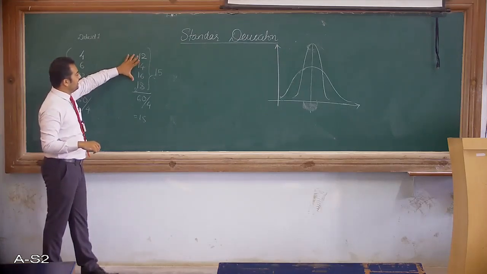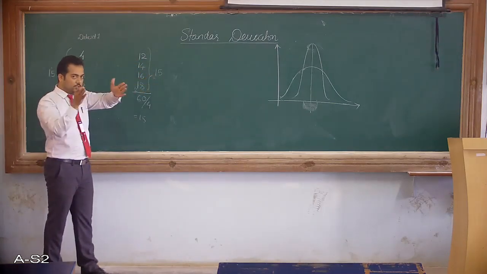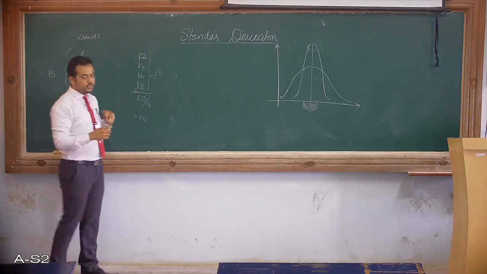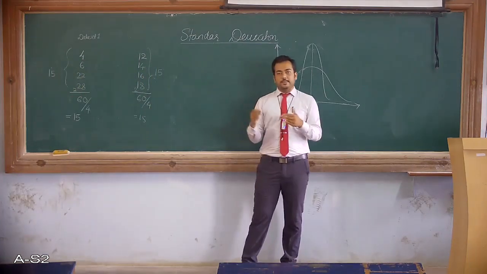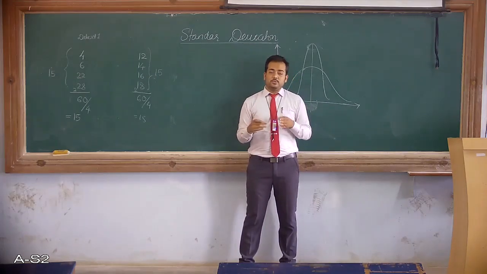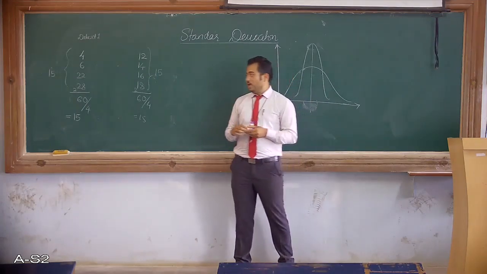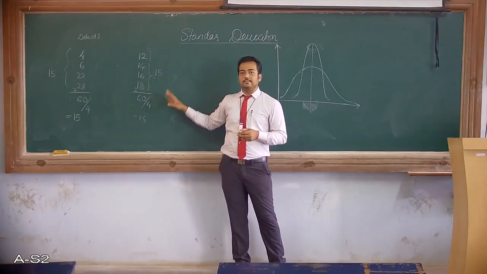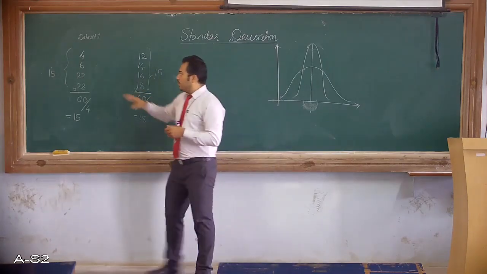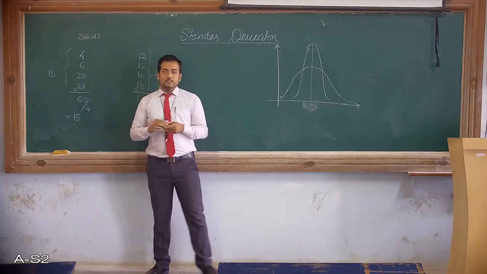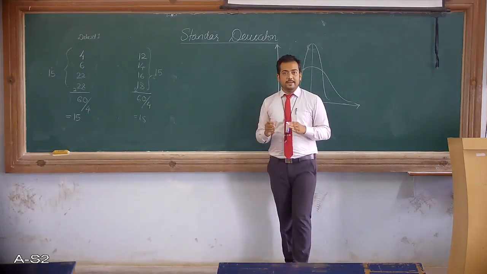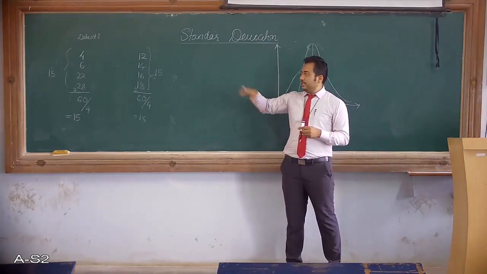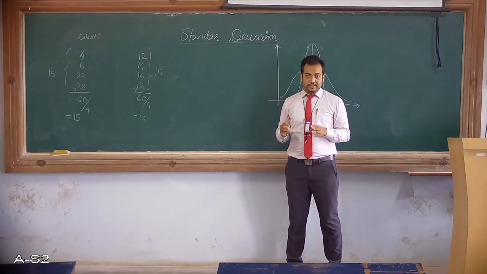These two are at equal distance from 15 on both sides, and the same for the other two. So 15, as the arithmetic mean, can replace most of the values in the first distribution, but not in the second. The arithmetic mean is the same for both data sets, but the deviations in their values are very different.